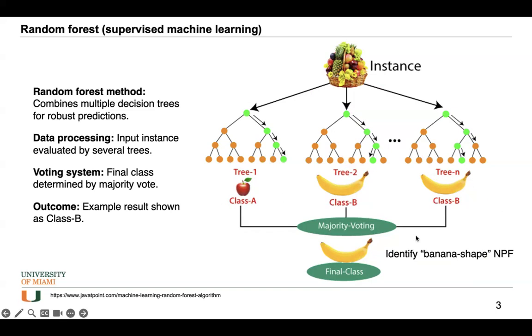If we want to identify the banana, we can identify it by a range of features such as color, shape, or weight. For new particle formation, the features could be things like relative humidity and temperature. Then by majority voting, we can select the final class as either a banana, an apple, or another fruit.